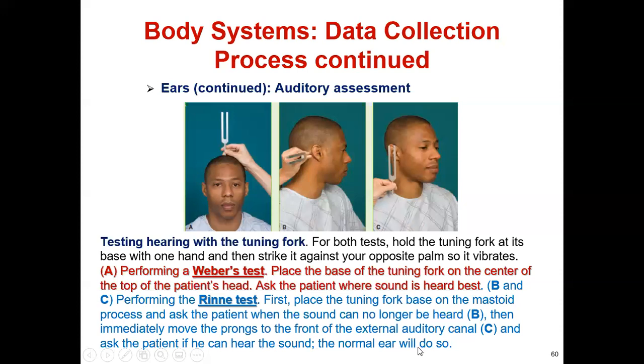The normal ear will. As I told you, in the Rinne test, when the tuning fork is placed on the mastoid bone and near the ear, the client should report that the sound is louder near the ear, as air conduction is greater than bone conduction.